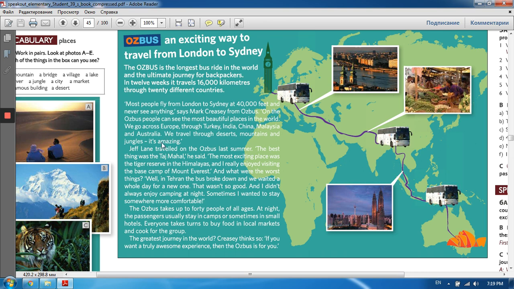So the next word is amazing. Amazing is beautiful, wonderful. And the next word we can say is reserve. You see here the word reserve. A reserve is a place where animals or plants are preserved. So the synonym to preserve is to protect.